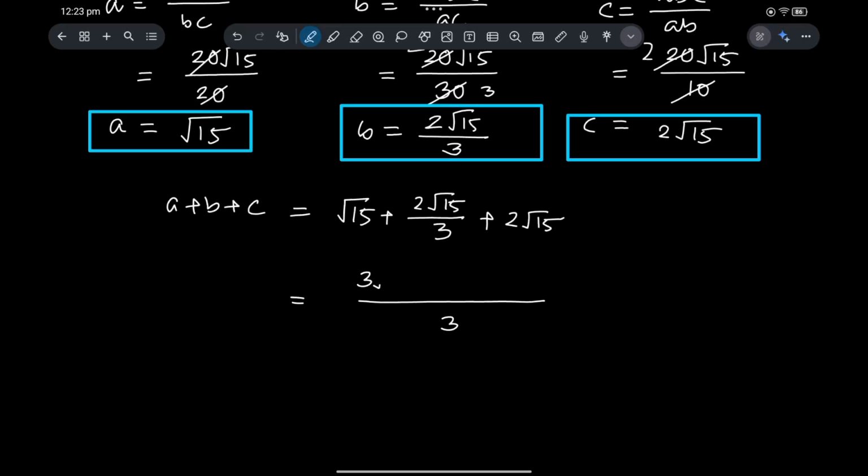So 3 root 15 plus 2 root 15 plus 6 root 15. We get 3, 6, 9 to 11, so 11 root 15 by 3. This will be our answer.